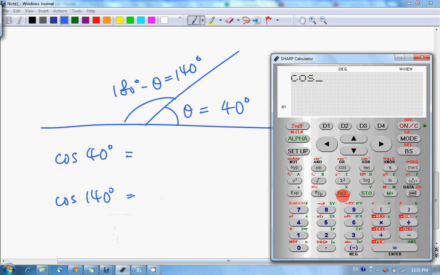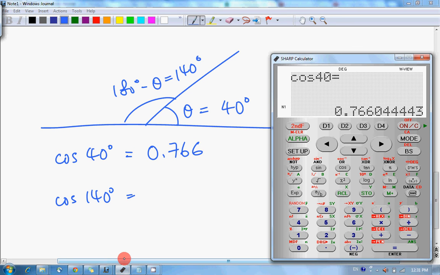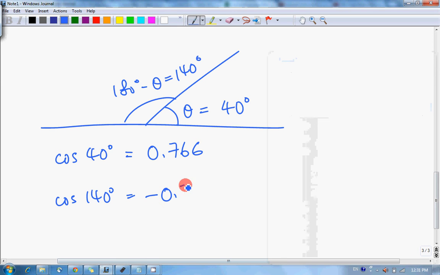Let's see, cosine 40 degrees is actually 0.766. Now we test cosine 140. Can you see? The value is the same but negative, 0.766.